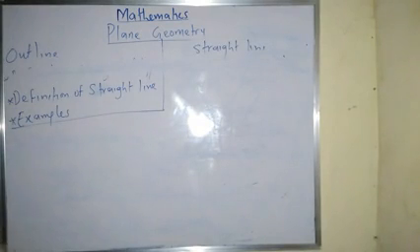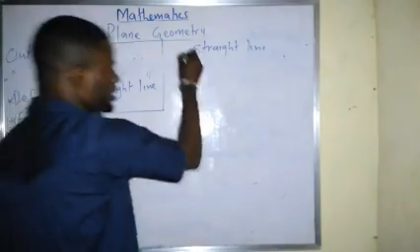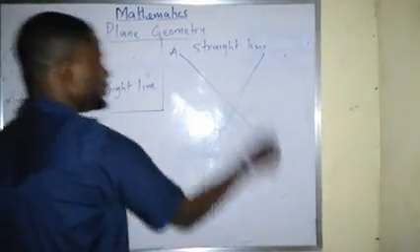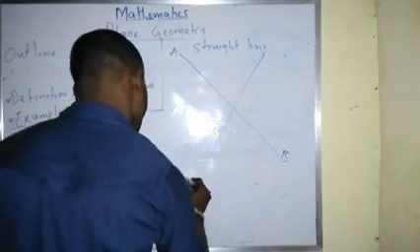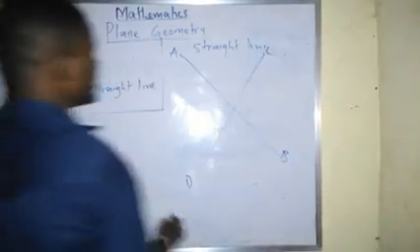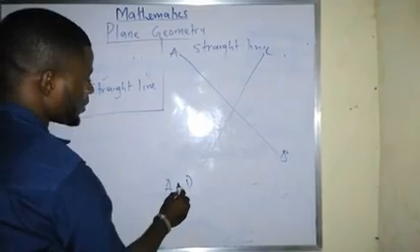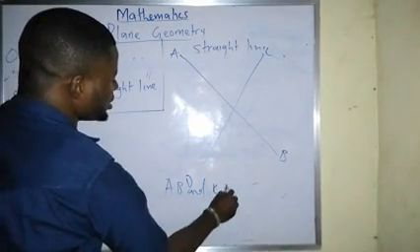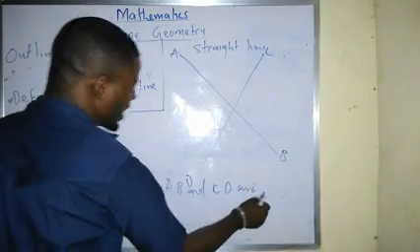If I have two straight lines intersecting, I have AB and DC. Now, AB and CD are straight lines. Please note that.